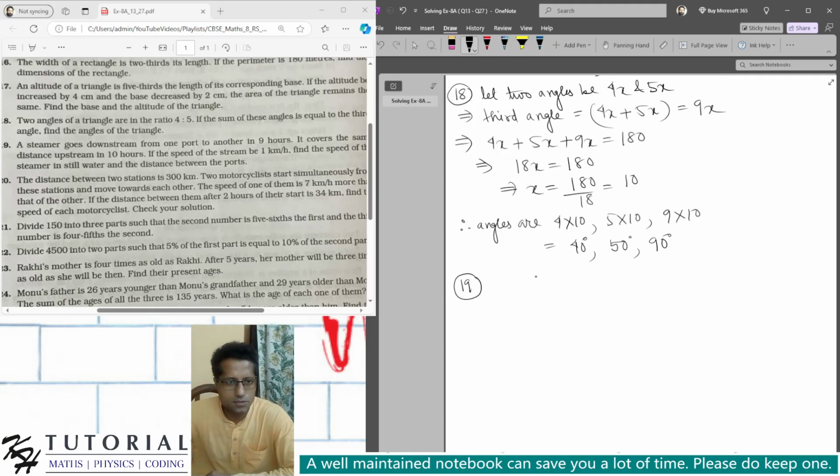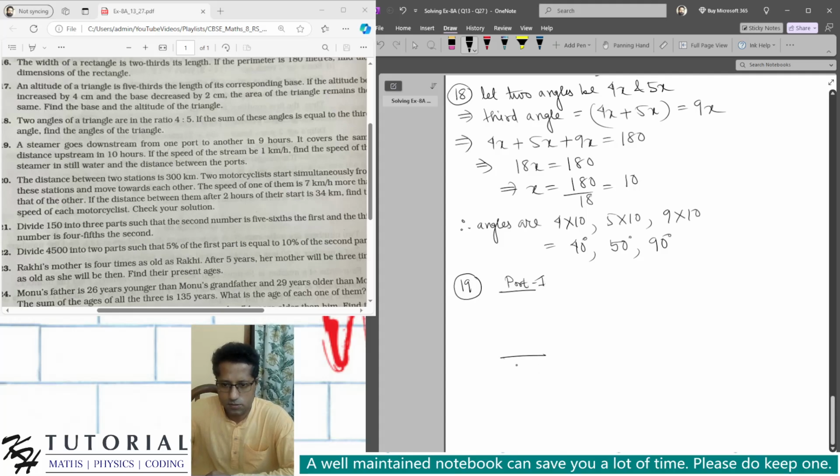Okay, so let's say a steamer goes downstream from one port to another. So let's say the steamer is going from port 1 to port 2. So this is downstream, and this is, let's say, upstream.